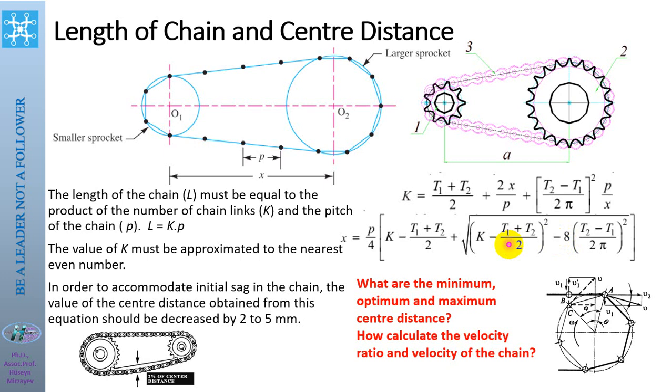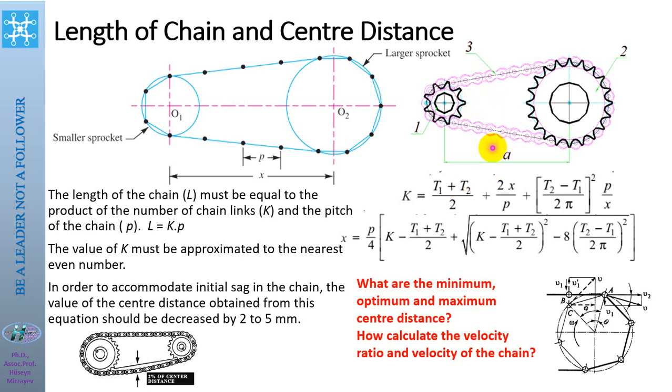The minimum center distance of the sprockets may be found from the adjustment of the sprockets. The minimum is equal to the sum of the diameters of the sprockets divided by 2, or the sum of the radii, plus 30 millimeters minimum.